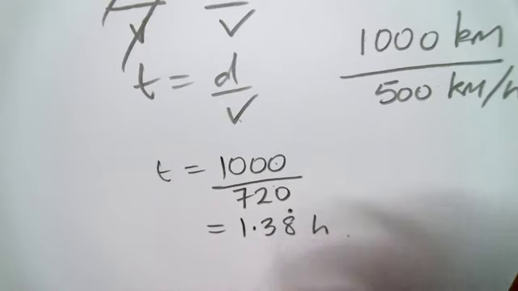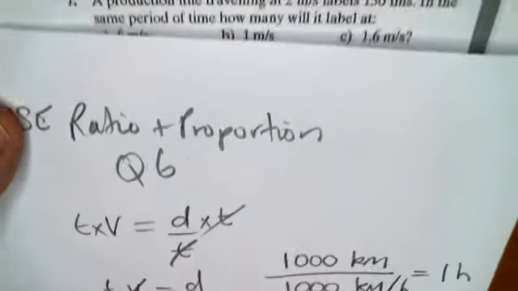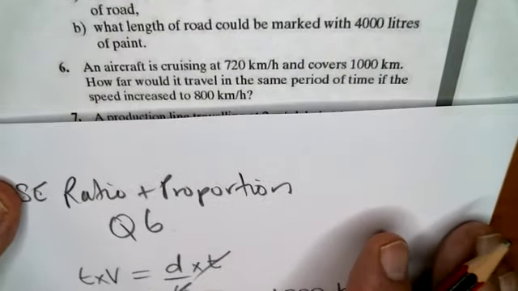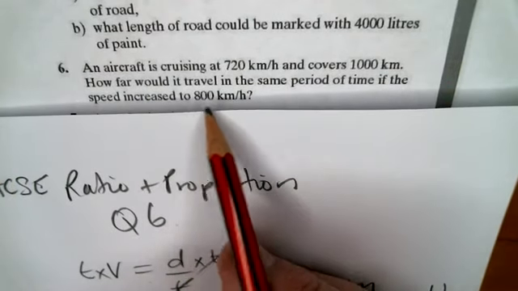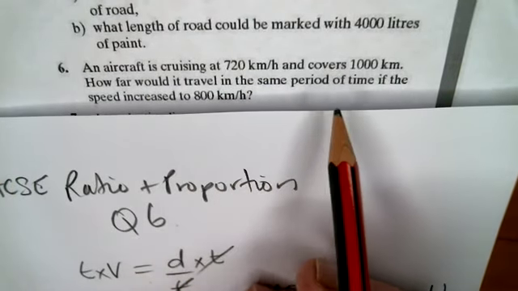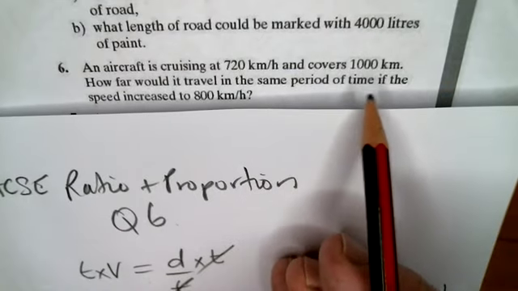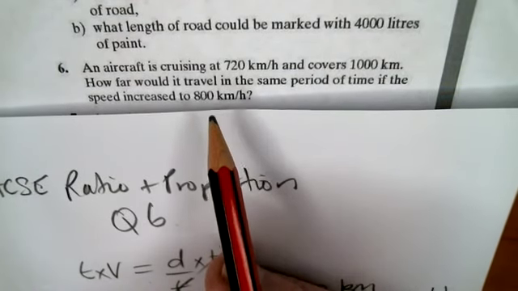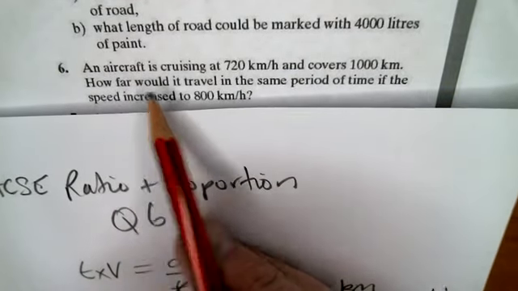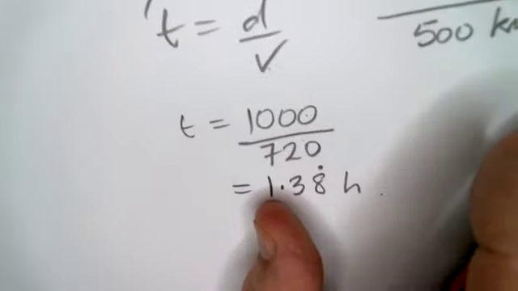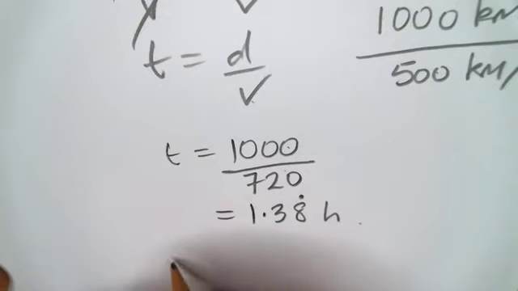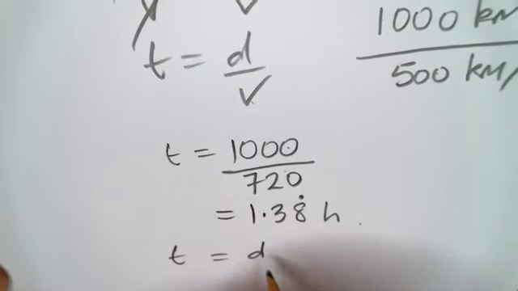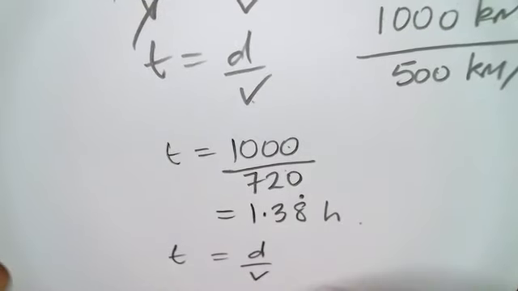Now that we know the time, we've got to answer the question. Knowing the time, how far would it travel if the speed was increased to 800? So we're going to keep the same time period, change the speed, and ask what the distance is. So this time, we know time is equal to distance on velocity or speed.